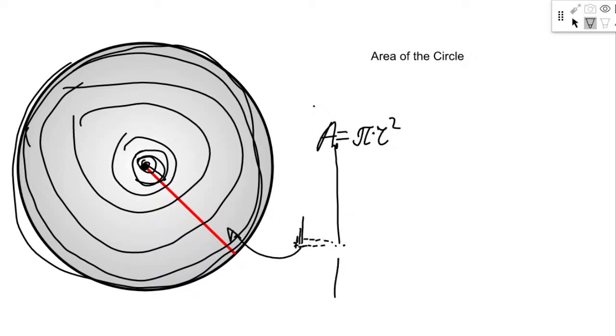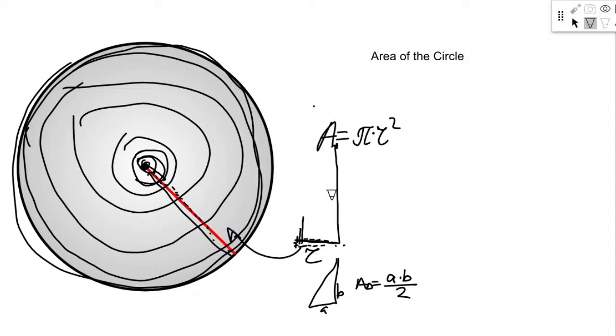How do we find the area of a triangle? The area of a triangle would be a multiplied by b divided by 2. Look here, what is this? This is actually our radius, as you see, however many of these dots we have, the side is equal to the radius. So it's going to be our r.